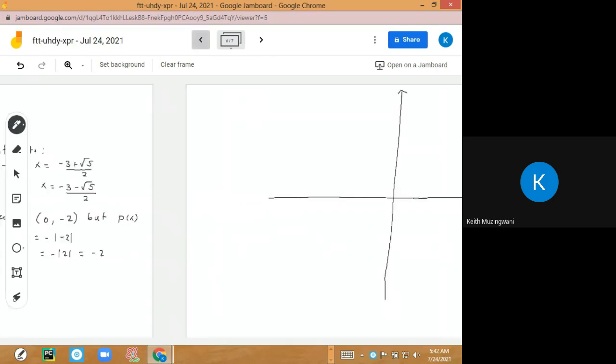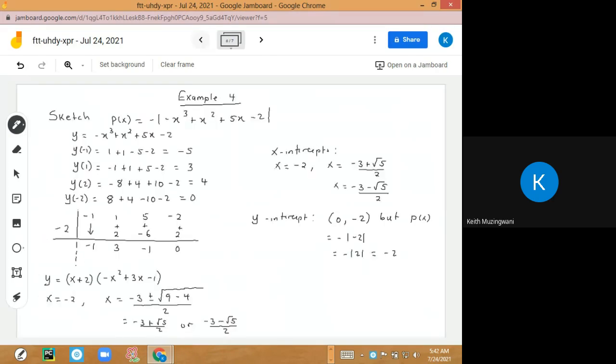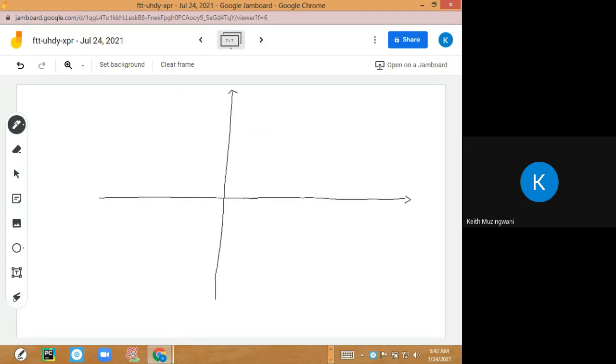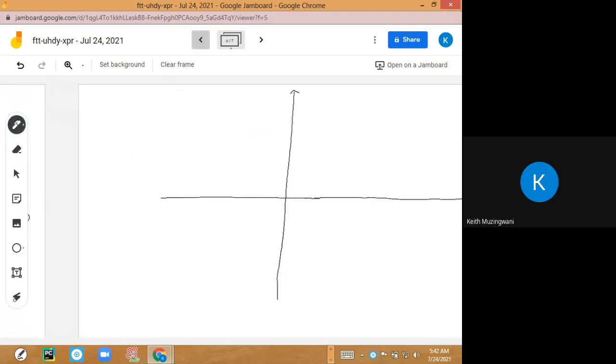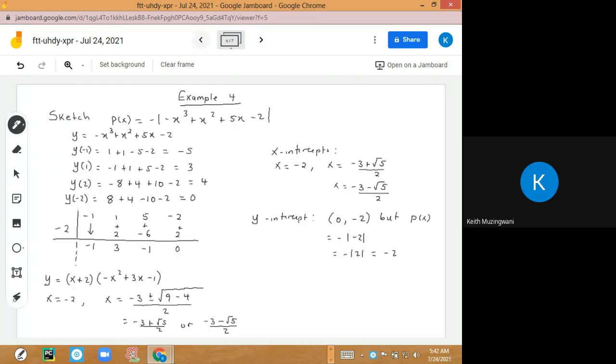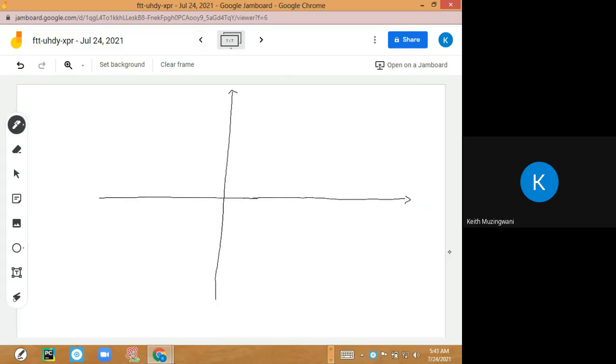Our intercepts have come out to be negative 2. So we have negative 2. So let's see. Negative 3 minus root 5 over 2. This number is bigger than negative 2?